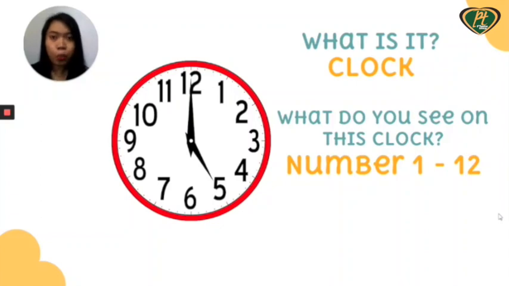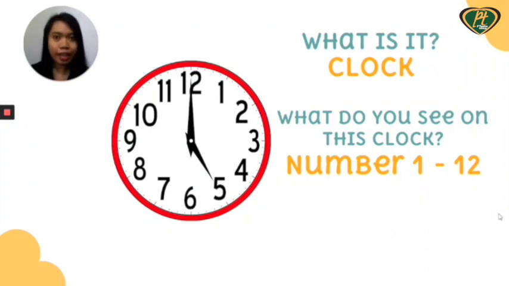There are number 1 to 12. Can you say the numbers? Let's say with me. 1, 2, 3, 4, 5, 6, 7, 8, 9, 10, 11, 12.